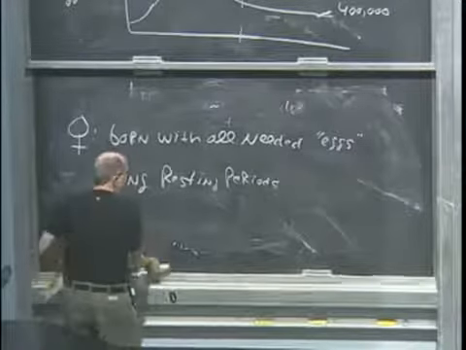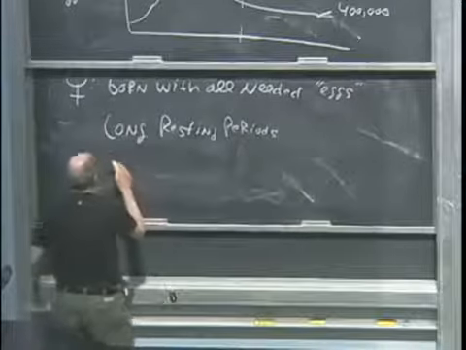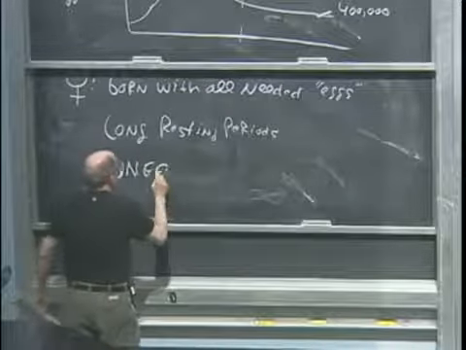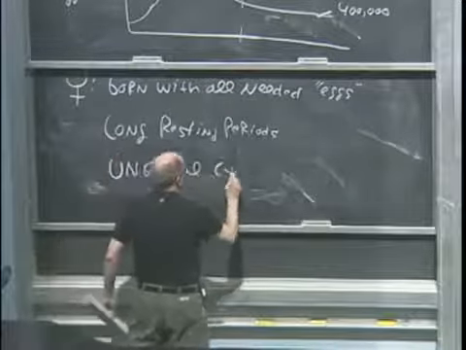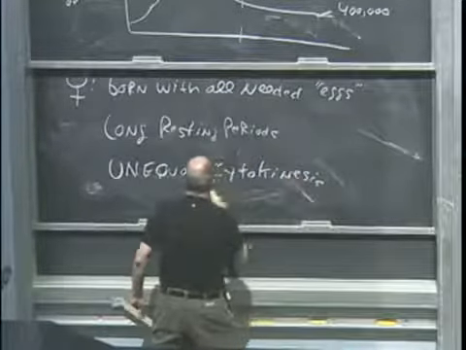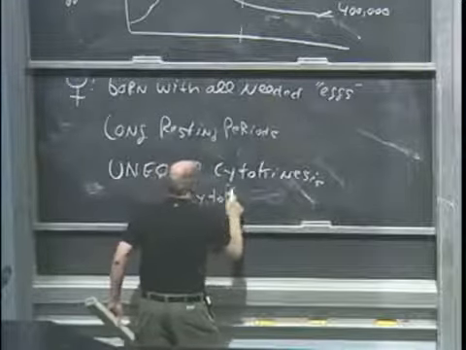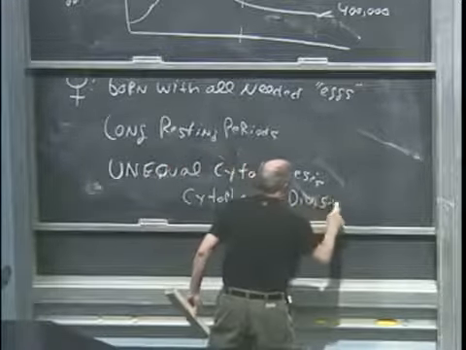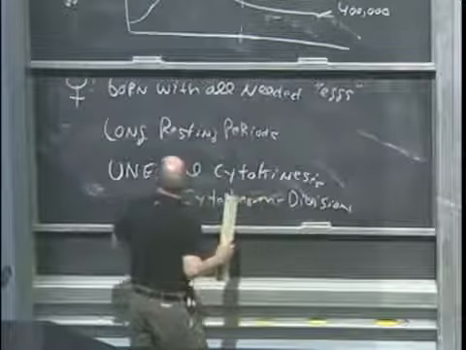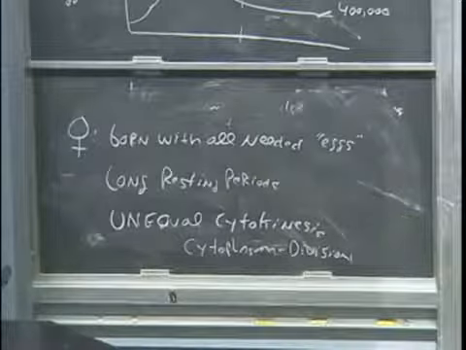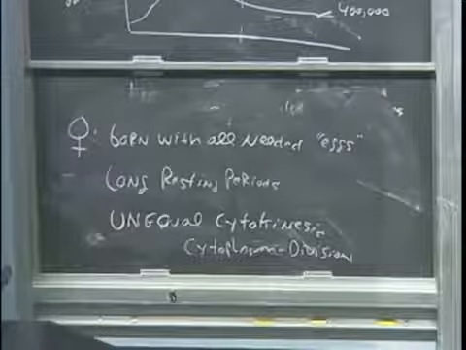Secondly, another part of this, and you'll see why in a minute, is unequal cytokinesis, which is the division of the cytoplasm. And that's also a big difference with males.